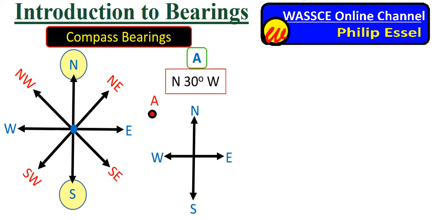Now, the exact position of town A is 30 degrees northwest. So, using the North Pole as reference point, we will move 30 degrees towards the west.